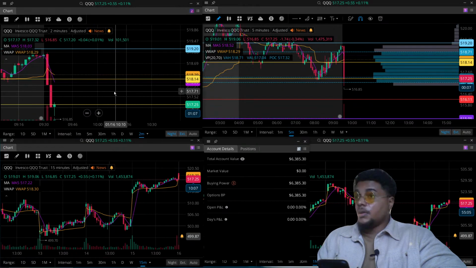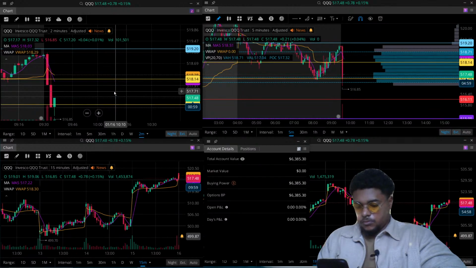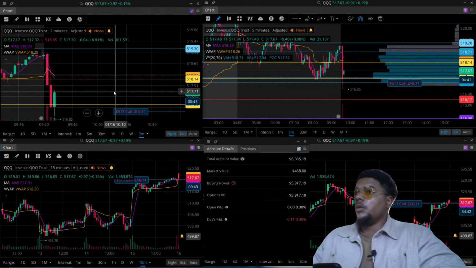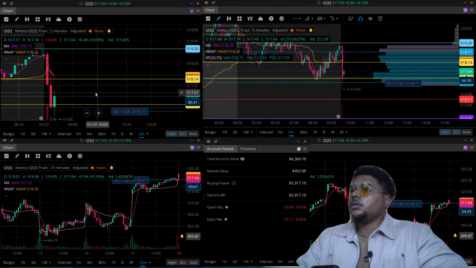Okay. Close above that yellow line is a very good sign, and I'll take the trade on that one. I'll buy. All right, so I just bought in.